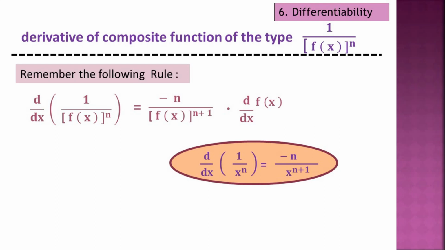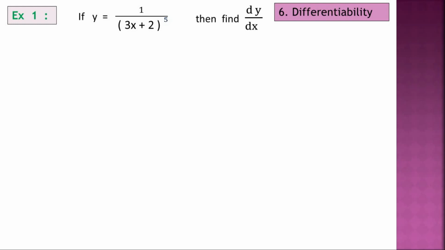Now let me take the problem. First example: if y is equal to 1 upon 3x plus 2 whole raised to 5, then find dy by dx. So this function is of the form 1 upon function raised to n, where n is 5 and the function is 3x plus 2.